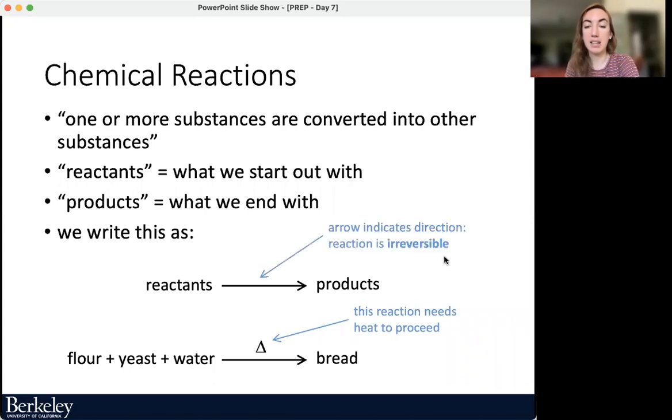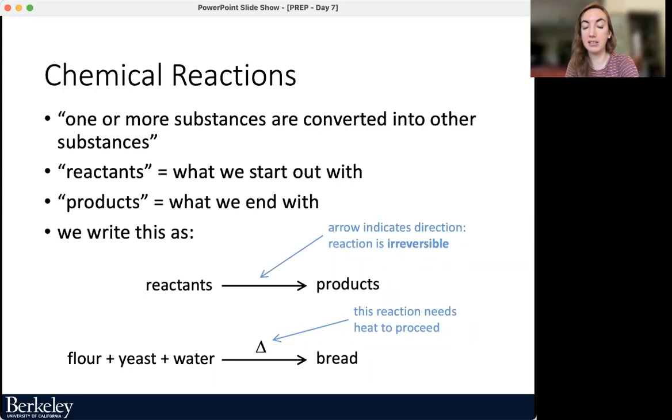And then the last thing is that the arrow indicates direction, like I was talking about. So this reaction is irreversible. That means I can't reverse it. It can only go from reactants to products, but once I have the products, I can't go back to the reactants. So using that bread example, I can take flour, yeast, and water.